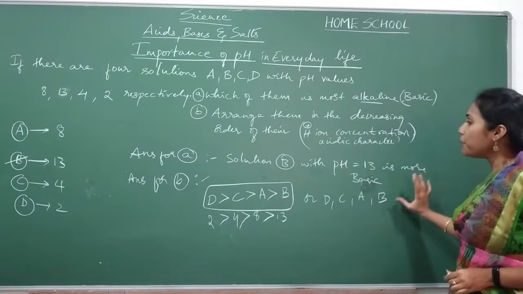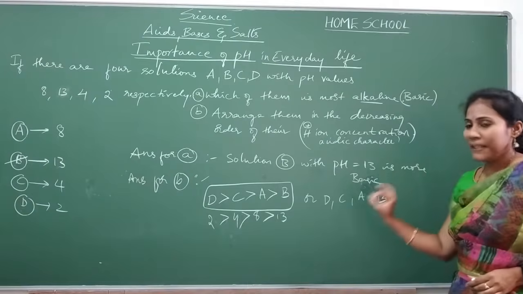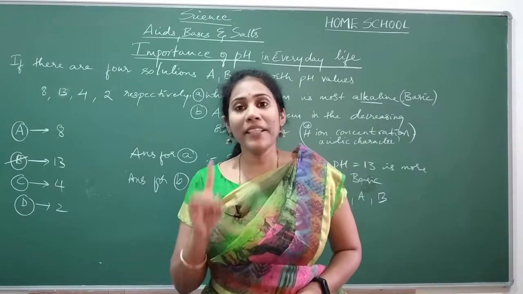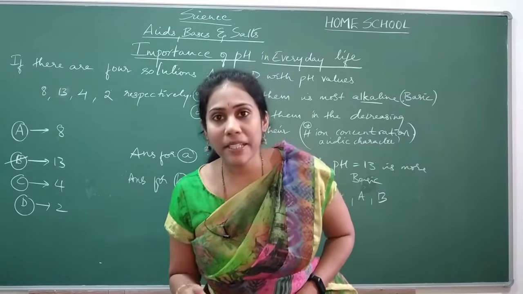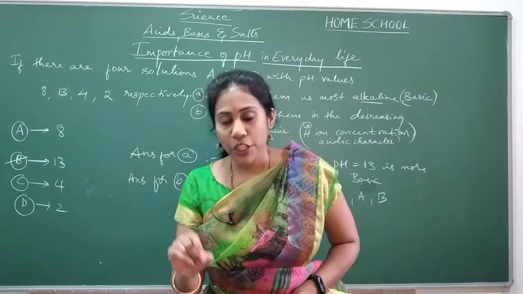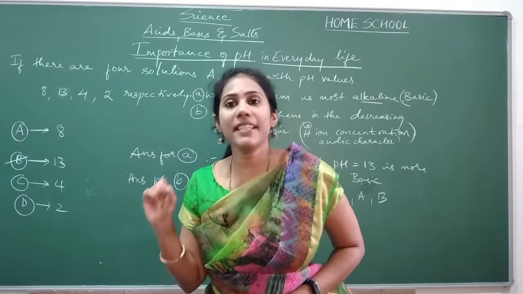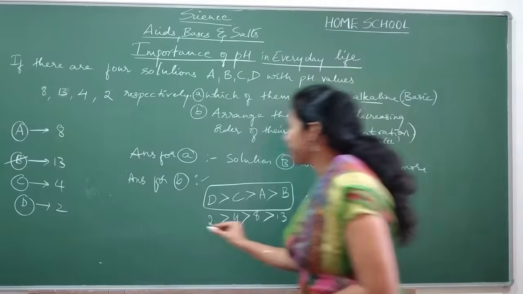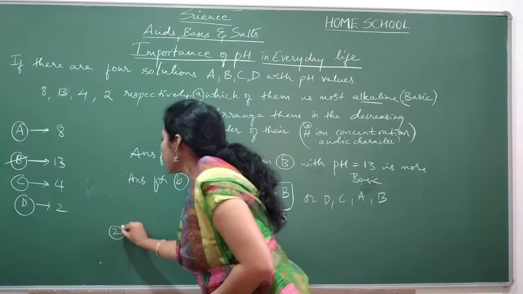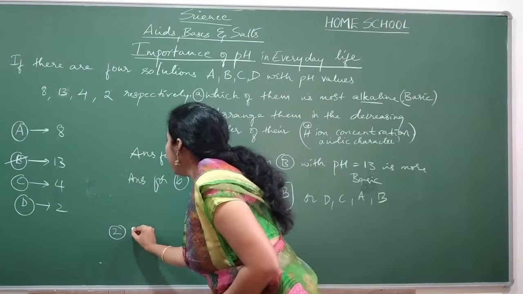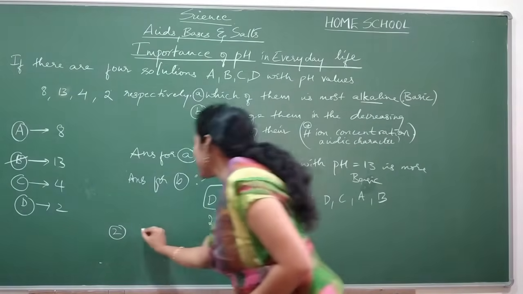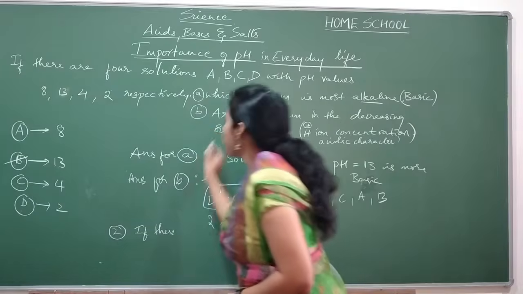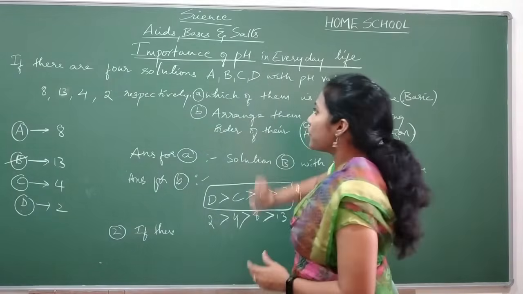And these are the 2 models which can definitely be asked in the examinations. And one question for you again on pH, for which you should post your answer in the comment box. Okay, the question is, second question.